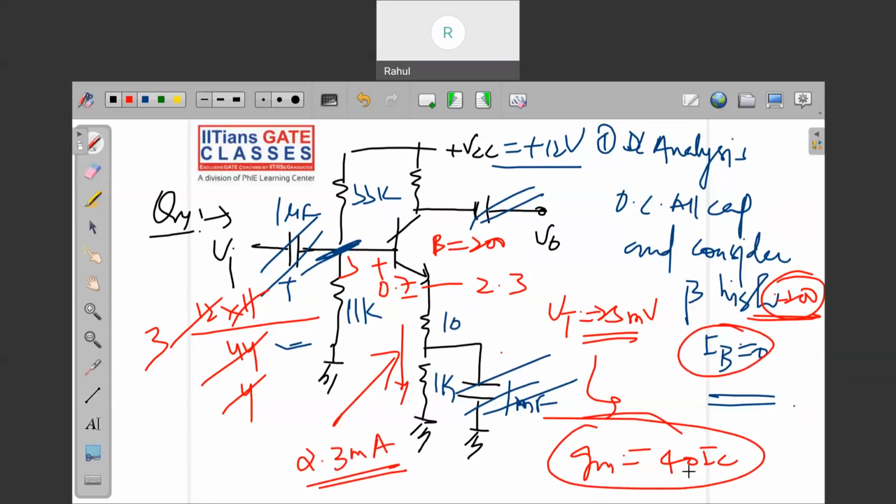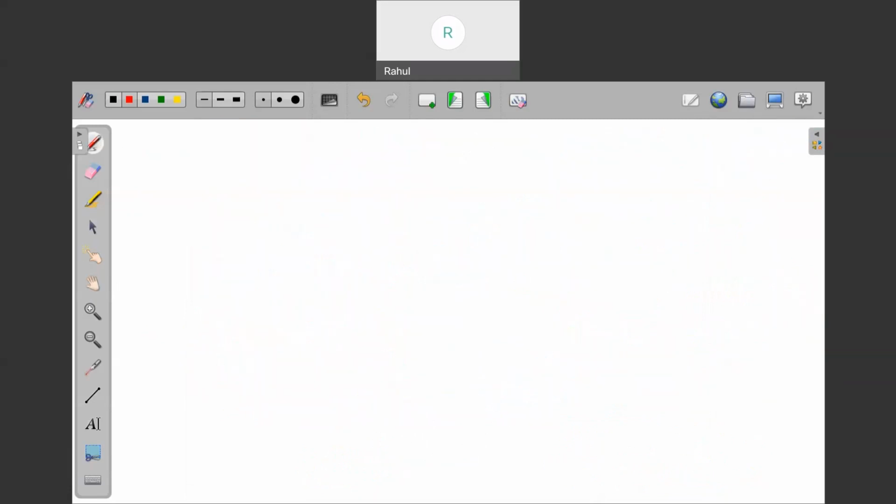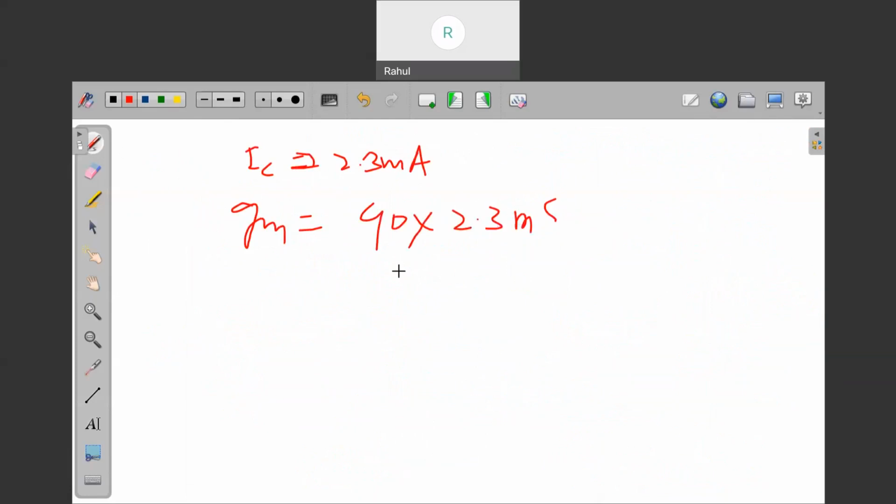So IC will be approximately equal to 2.3 milliampere. GM will be 40 times IC, that is 2.3 millisiemens, you can multiply and you will get something.